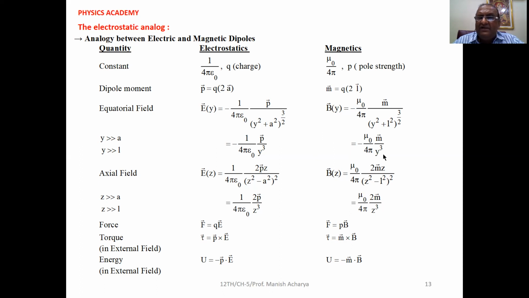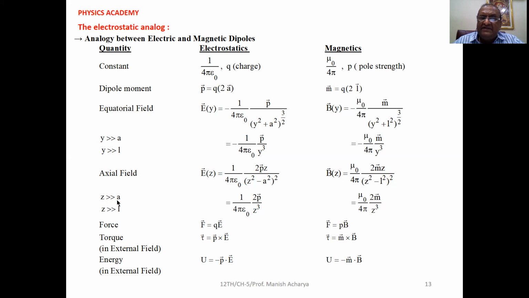M upon Y cube. Then the axial field, the electric field for an electric dipole on its axis, is 1 upon 4 pi epsilon 0 2p z upon z square minus a square whole square. Similarly, for a magnetic dipole, the magnetic field on the axis is mu 0 upon 4 pi 2m z upon z square minus L square whole square.